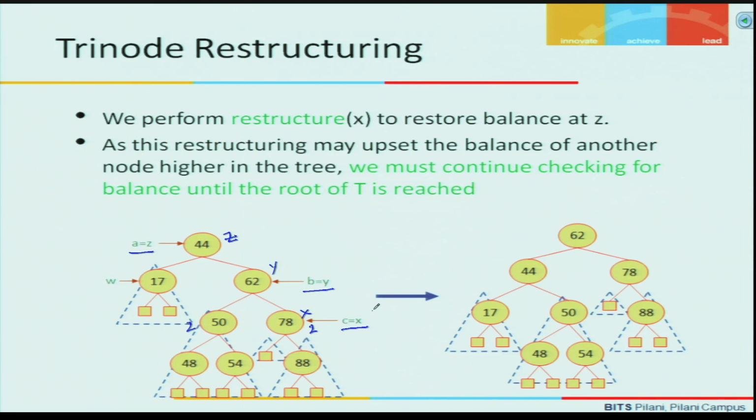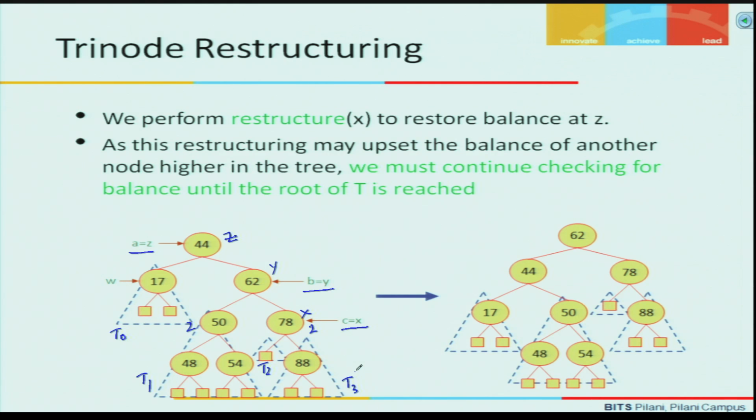So, this mapping is done so that if you do an in-order traversal of the tree, A should precede B and B should precede C. And these you can rename as T0, T1, this is going to be T2 and this is going to be T3.